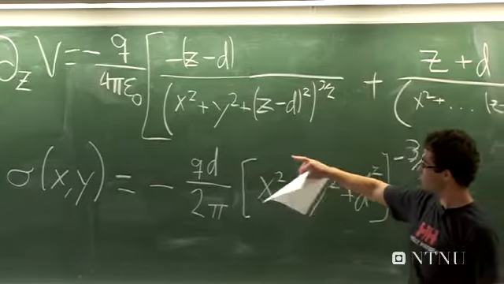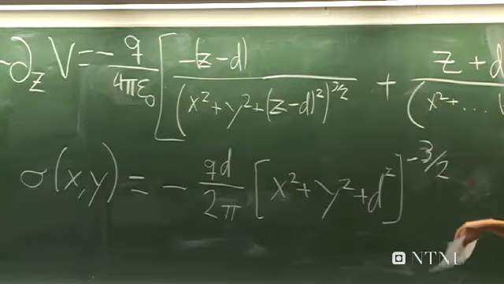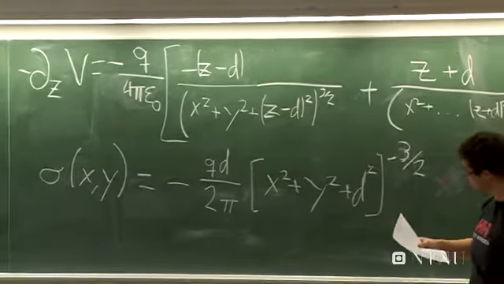Like this, and now you see there's a factor 2 because these two terms become equal. Well, if I did the signs right, but I don't think I did.